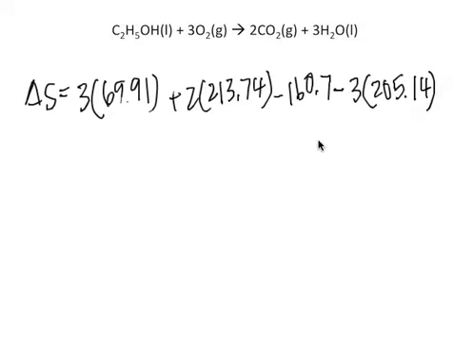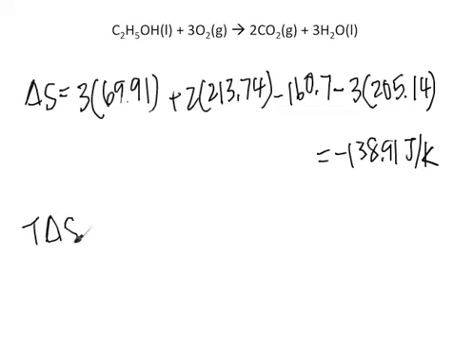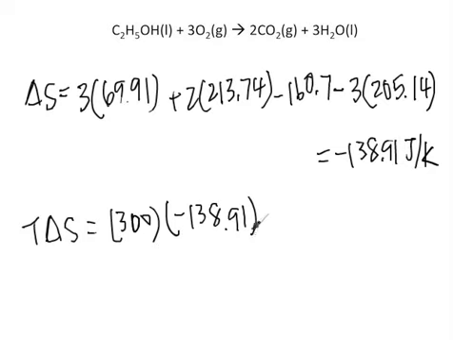So this is going to be about 138.91 joules per Kelvin. Now we're going to multiply it by the temperature. So 300 kelvins multiplied by 138.91. That's going to give us about 41 kilojoules.